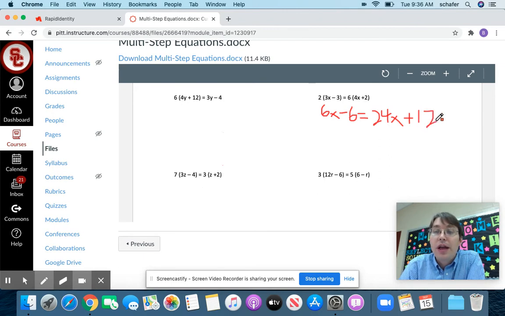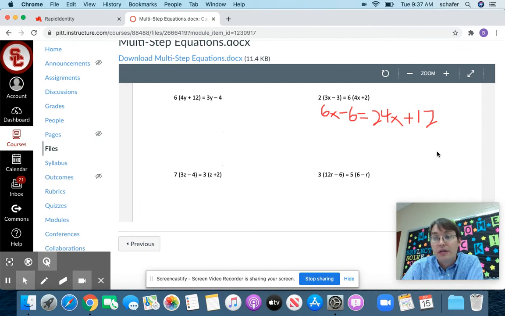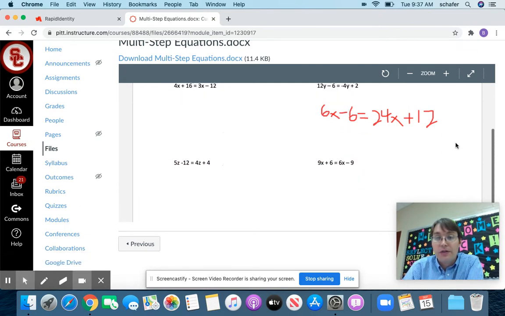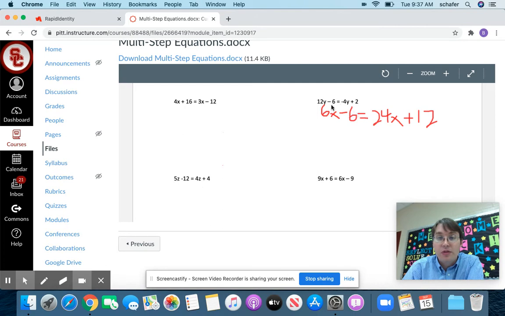And there we go. And now I have an equation that looks an awful lot like the one that we just solved at the top here. Scroll up here, and my numbers are going to move with me. But this equation happens to look an awful lot like this equation and this equation. I'm not worrying about the parentheses anymore there. And then I would solve it in the same way.